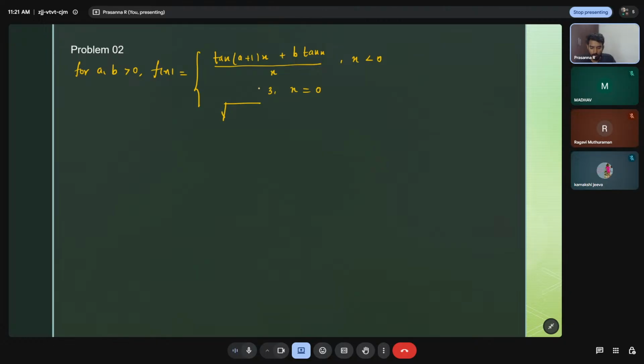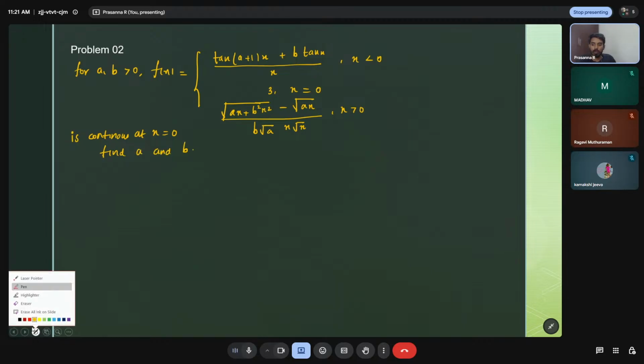It takes the value root of (ax plus b squared x squared) minus root of ax, divided by b root a x root x, when x is greater than 0. It is continuous at x equal to 0. Find the values of a and b. So for what values of a and b is it continuous?